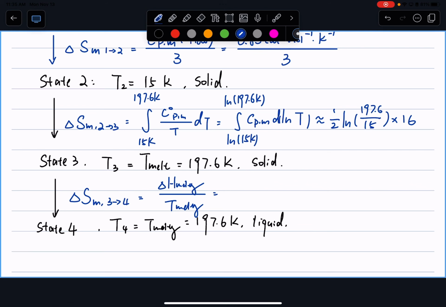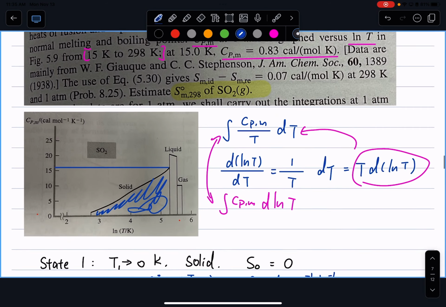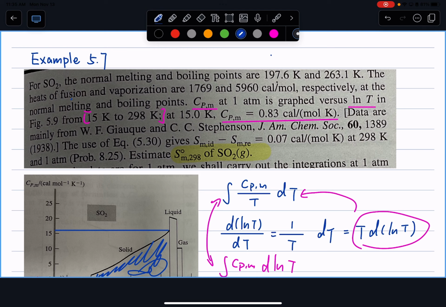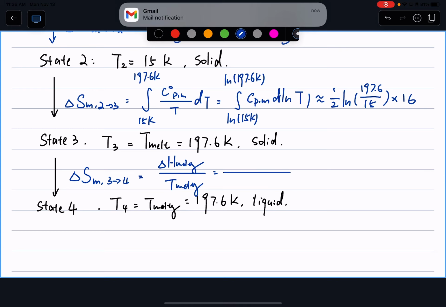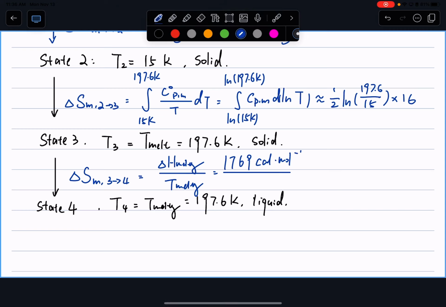Both of the numbers we have by reading the question: we have the heat of fusion and also the melting point. So we can just plug in the numbers there. 1796 per mole over 197.6 Kelvin.